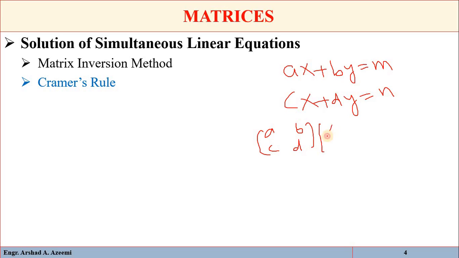Then we have x and y, the variables whose values we want to determine. M and n are the constants. Now suppose this is matrix A.